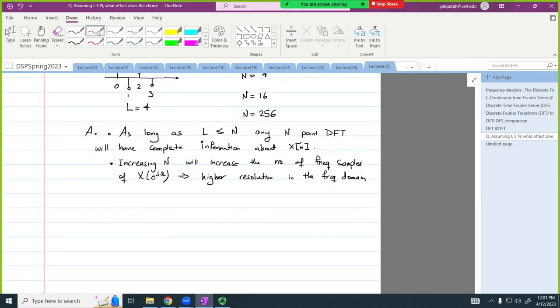Now this process of choosing n that is greater than L is called zero padding.